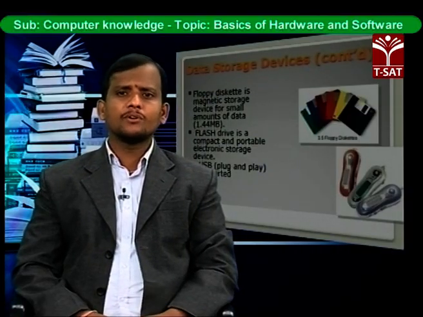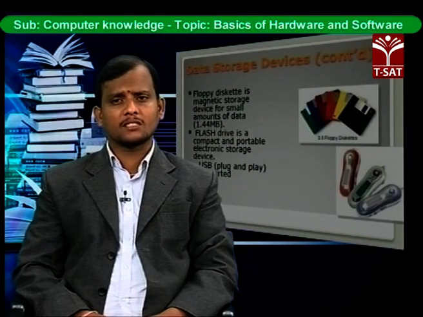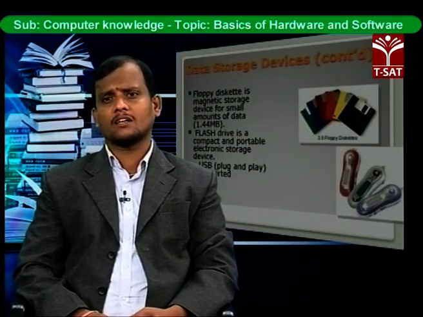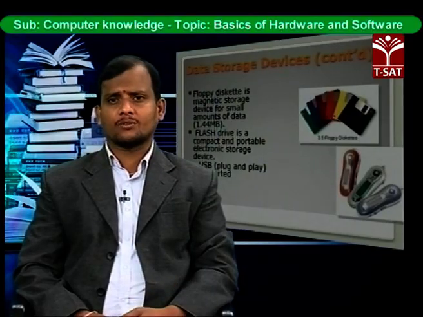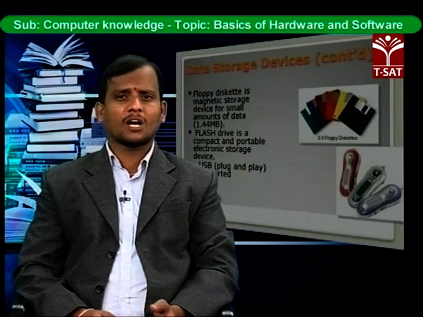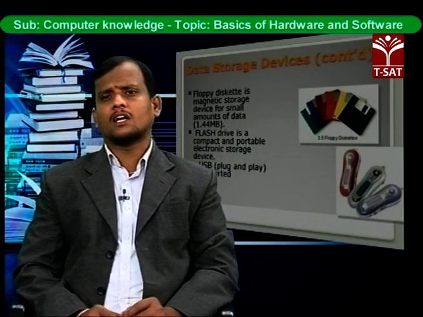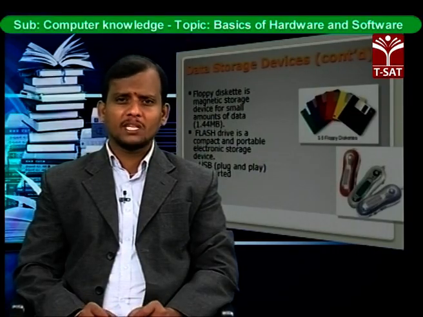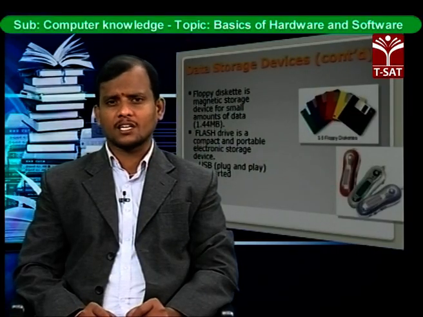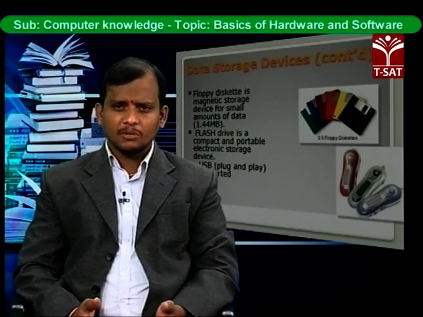These are a few data storage devices, the devices which we use to store data. One of them is the floppy disk. Nowadays you can't see floppy disks. Initially we used floppy disks, and very little data can be stored, about 1.44 MB.